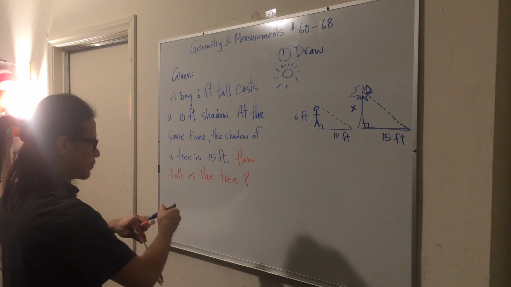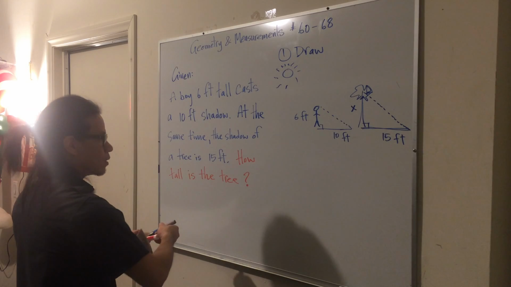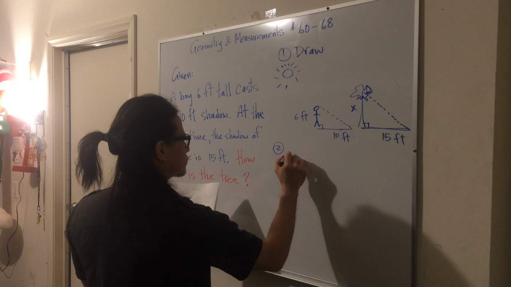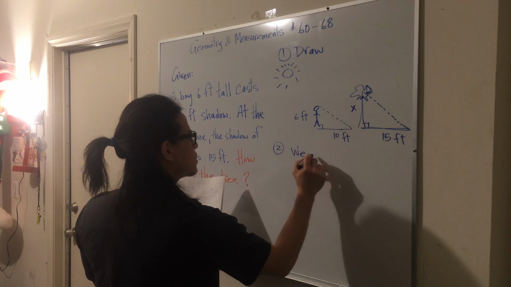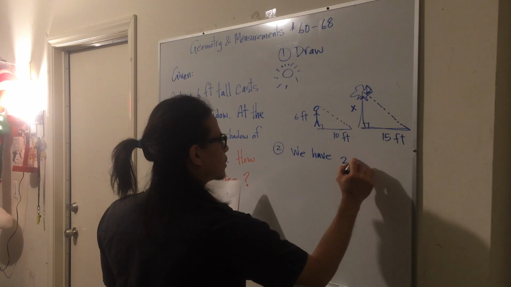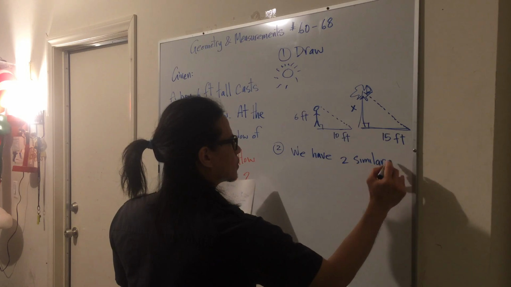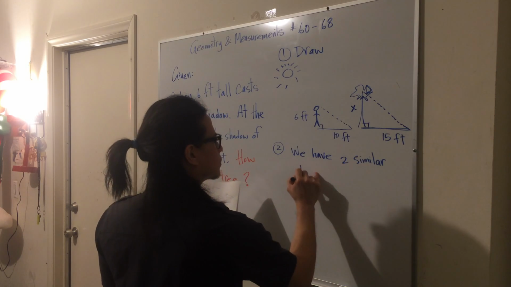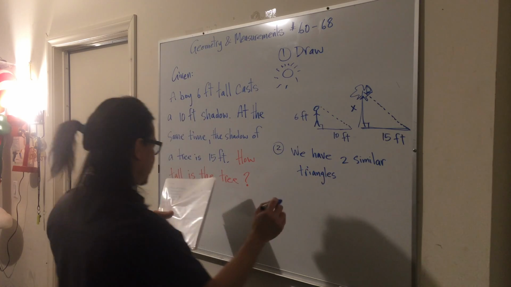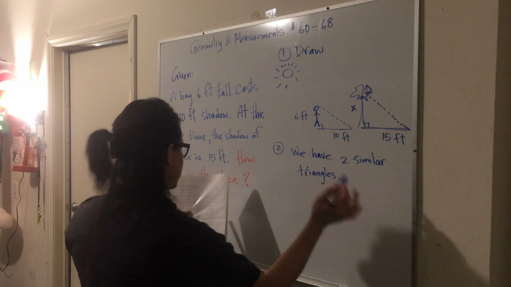So, given that these two are similar, we can use proportion. So let's make note that we have two similar triangles. Therefore, we can use proportion.